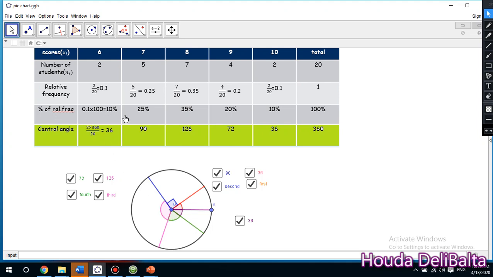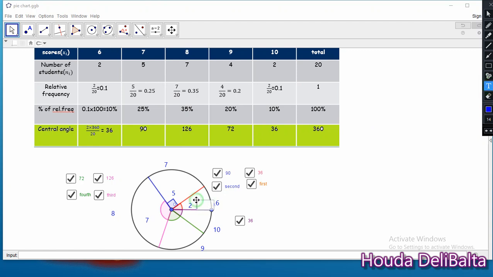If the percentage pie chart is required, all what I have to do is to write here inside 10%. Here I write 25%, and so on. So we fill inside the circle according to the required question.